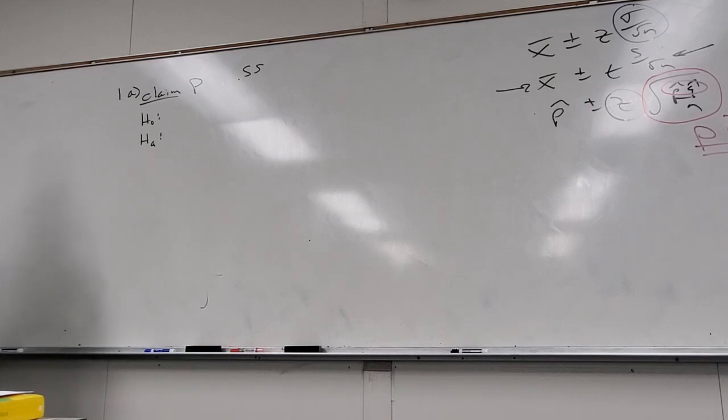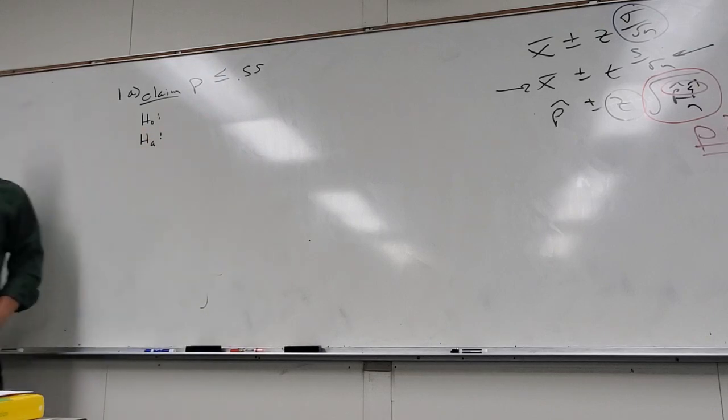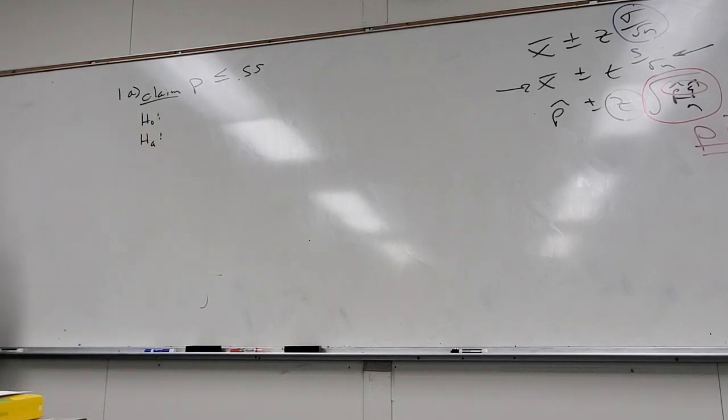So it's kind of weird. We hear most and we think more and we think greater than, but at most means that or less. Question. How can we determine when to use the equal sign and when not to, the less than or greater than? So if I would have said that the claim is they think it's less than, that would not include an equal sign.